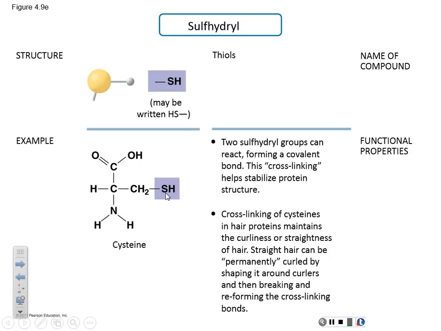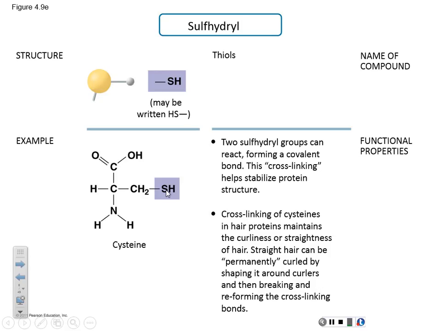But unlike hydroxyl groups, thiol groups typically are used by living things to make bridges between molecules, covalent bonds that anchor together two different parts of a molecule or two different molecules through what are called disulfide bonds. So you butt one sulfhydryl group up against another sulfhydryl group, the hydrogen leaves, and the two sulfurs end up sticking together with a nonpolar covalent bond.